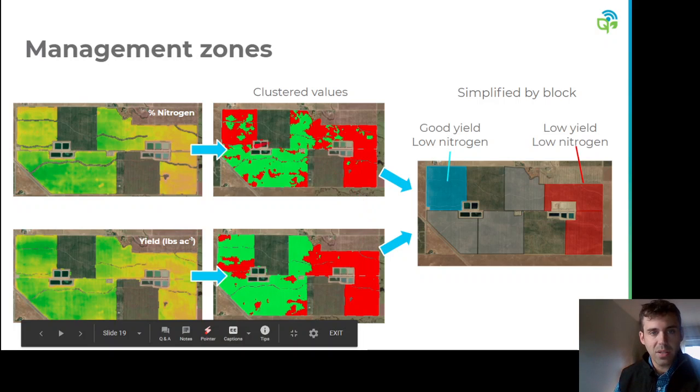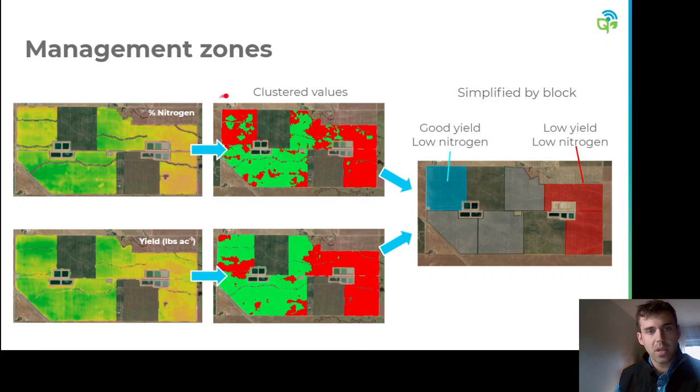However, we have a patch here in the northwest in which the values of nitrogen are pretty low, but still the yields are acceptable. So we have figured out that these two zones might need slightly different management, whereas for the rest of the block, uniform management could be enough.